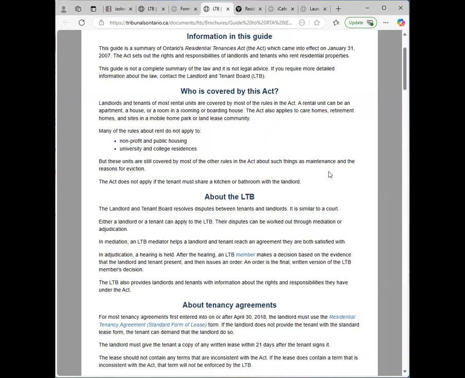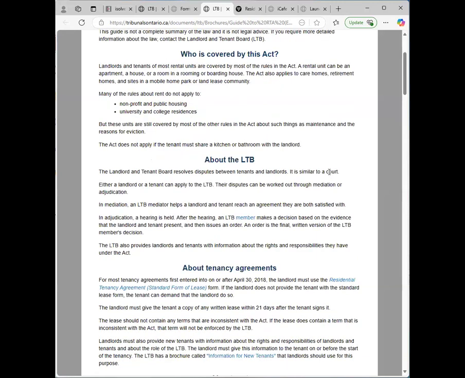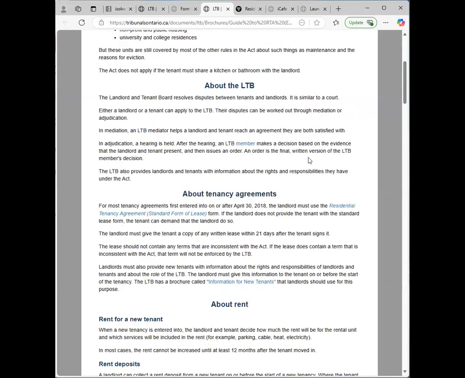Okay, information about the guide. The Landlord Tenant Board resolves disputes between the tenants and landlords. Similar to a court, it's not the court. For those of you who are listening who might be from British Columbia, it's very, very similar to British Columbia's residential tenancy branch. Either a landlord or a tenant can apply to the Landlord Tenant Board.